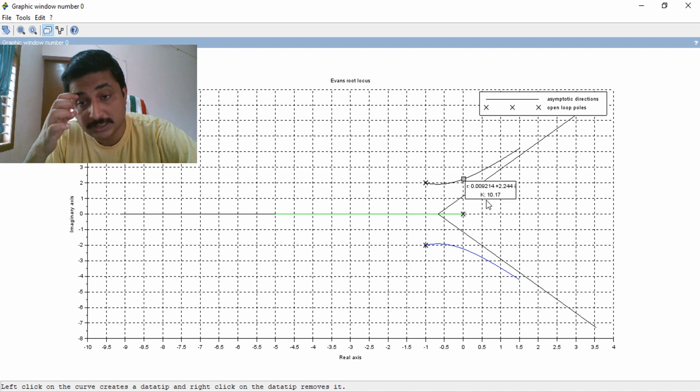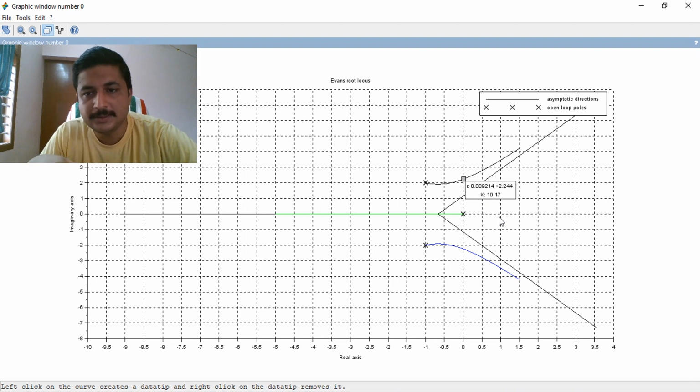You can see that the value of k where it is intersecting the imaginary axis is 10. So it is giving you the value of k where it is crossing the imaginary axis. At this particular pole, your k should be 0. Let us find that.